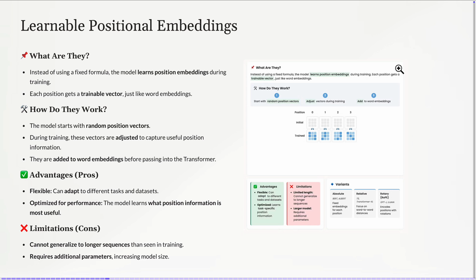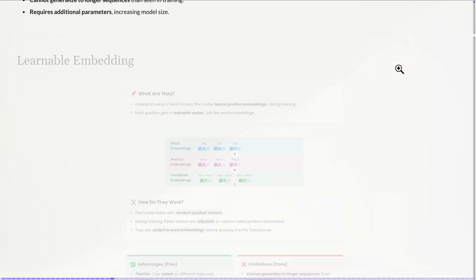So they are flexible. They can adapt to different tasks and datasets. This is why they are used now in GPT, because GPT can be fine-tuned on different types of tasks like text summarization, machine translation, or writing code. It's optimized for performance, especially it will give more accuracy, but it cannot generalize to longer sequences and requires additional parameters because it will increase the model size.